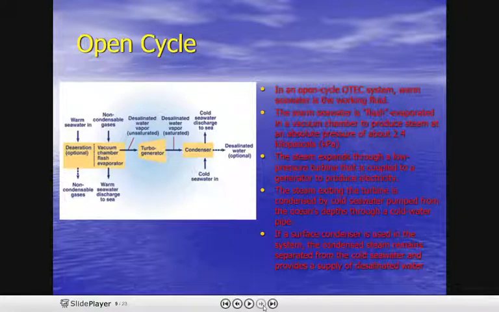So in the figure we can see the distillation, the water of the sea in and non-condensable gases, the vacuum chamber, flash evaporator, warm seawater discharged to the sea, and the turbo generator, which is attached to the condenser, and the cold seawater to the sea.